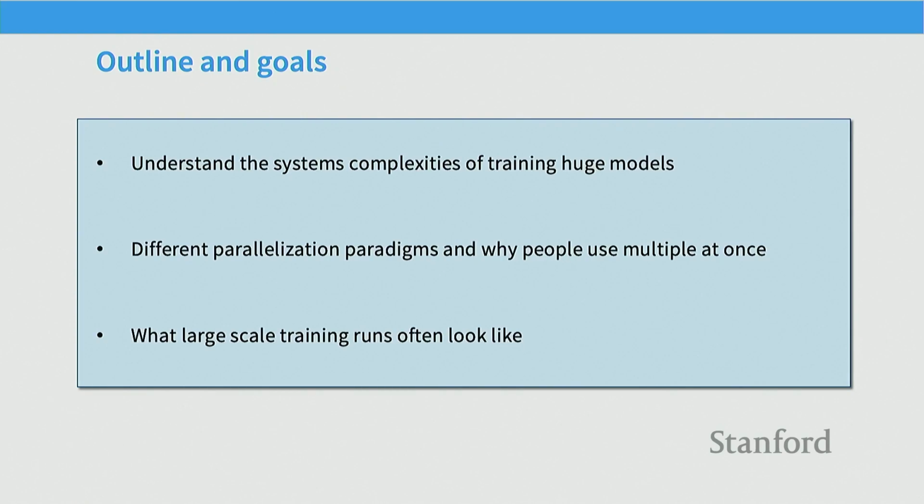People use many different parallelization strategies all together at once. We're going to talk through each one of the very popular ones, and then we'll talk about how you combine them together in order to efficiently train a very large model. And then I'm going to end the lecture with looking at some examples of how people are actually using these parallelization strategies to run their large-scale distributed training runs.